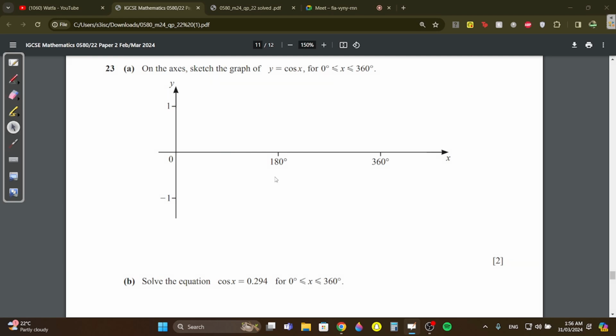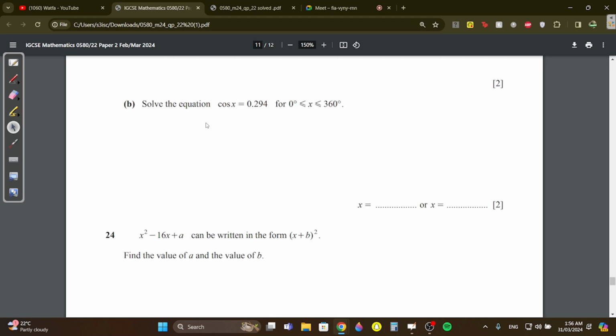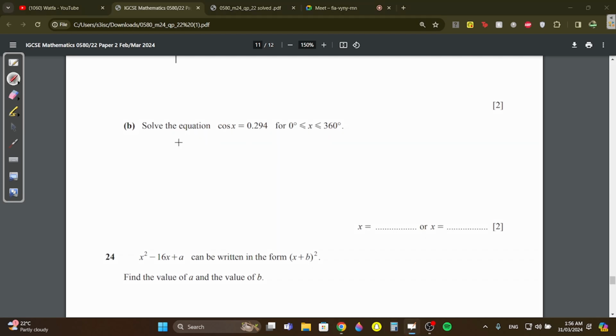Part B, solve the equation cosine x equals 0.294. So obviously x is going to be equal to the inverse cosine of 0.294. Rounded to one decimal place, because angles are required to be one decimal place, you get 72.9 degrees. But they need two solutions. That's my first solution.